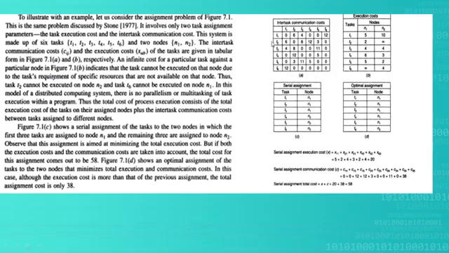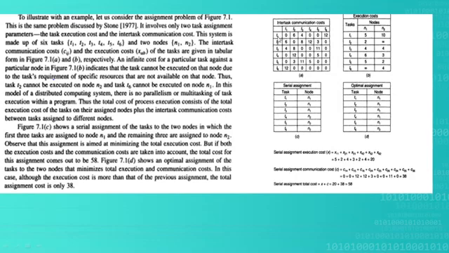Let us consider this assignment problem, which was discussed by Stone in 1977. See here the inter-task communication costs. To communicate from T1 to T1 the cost is 0.